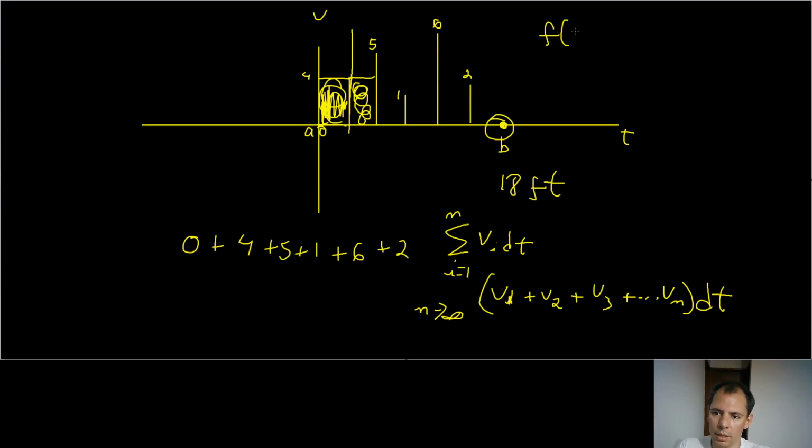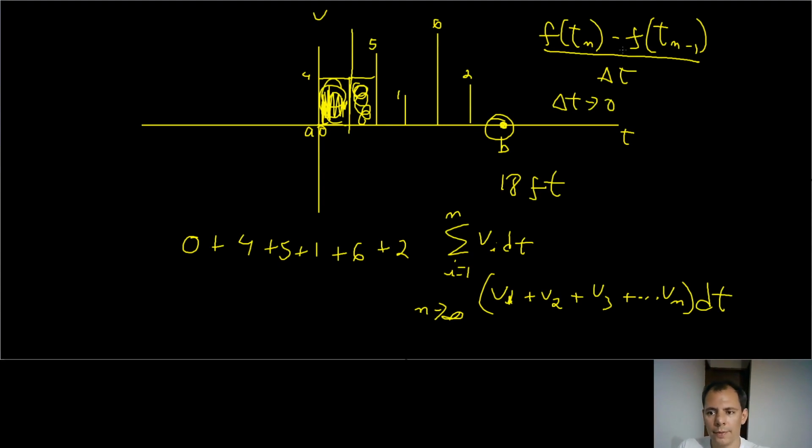It's going to be the function of time sub n minus the function of time sub n minus 1 divided by delta t as delta t approaches 0. This is going to be the derivative, okay?